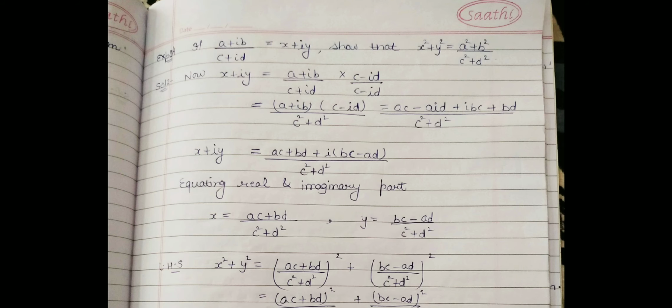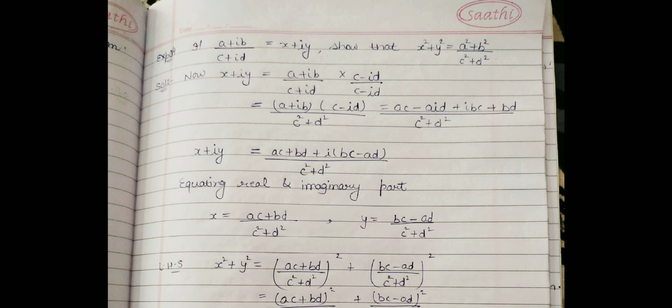Firstly, we have to separate the real part and the imaginary part, and equate the real and imaginary parts separately. Now for making the right-hand side denominator real, we will multiply and divide by the conjugate of the denominator. We get ac minus iota ad plus iota bc plus bd upon c square plus d square.